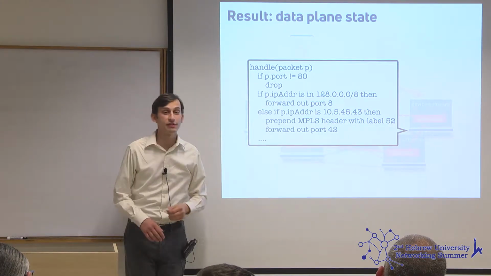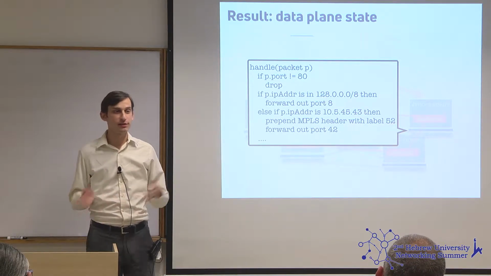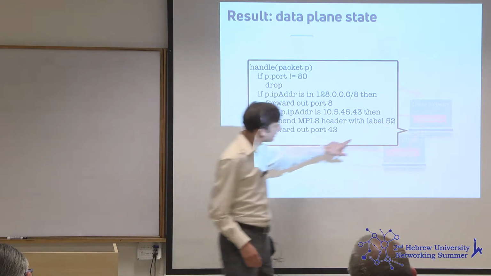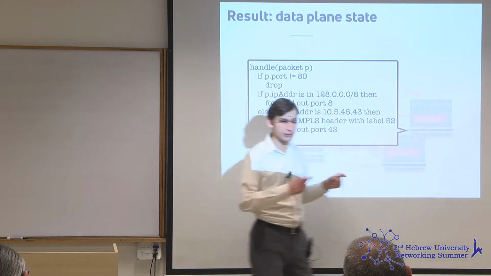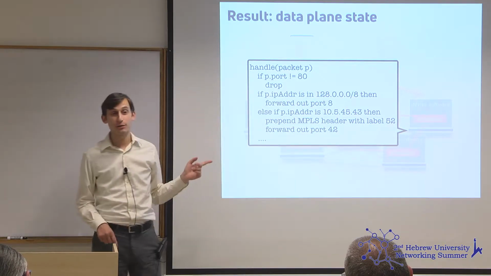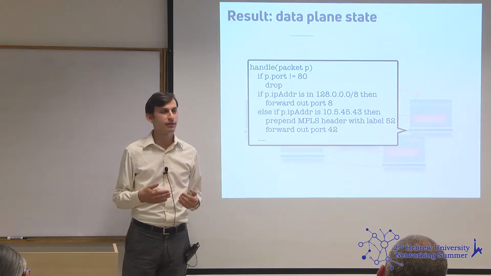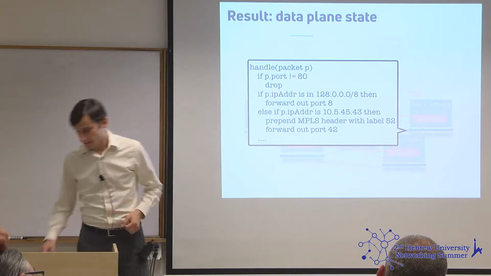You'd have a long list of these rules, matching packets according to certain fields and then taking actions. Okay? So you can think about the data plane of each device as a little program. You can also think about the whole network as a big program that's taking in packets and computing how they should flow through the network in this distributed way. Okay?